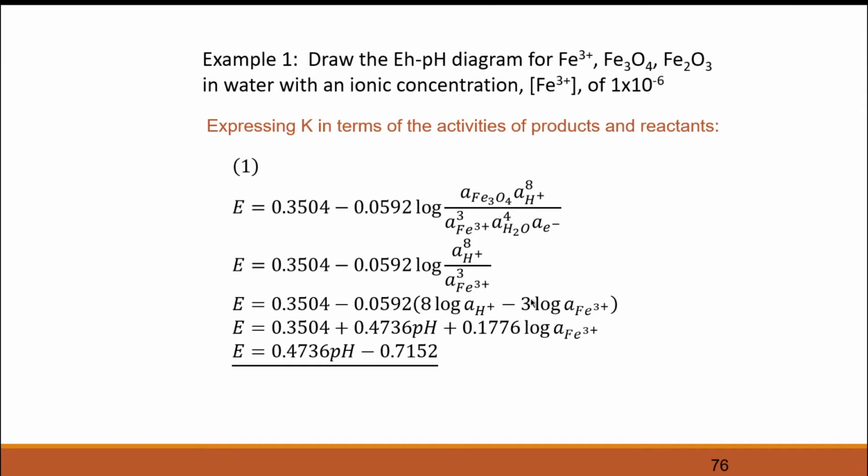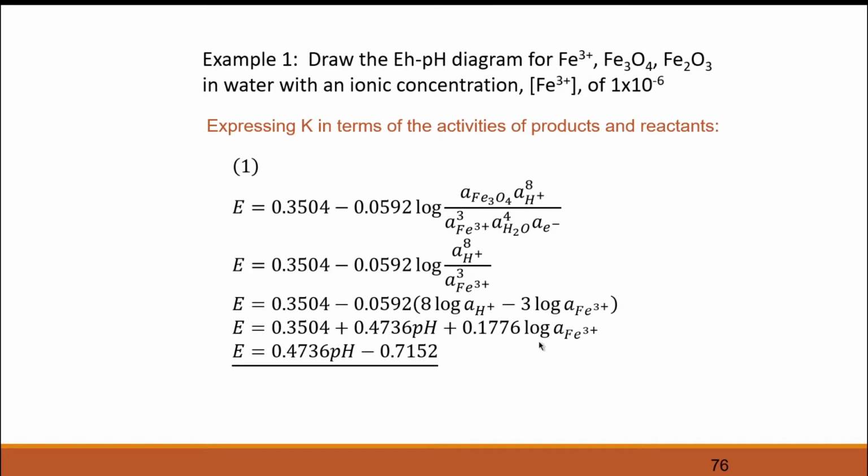So the molarity of Fe3 plus is given, but the molarity of H plus is not given. If we break this logarithm down, this becomes 8 times the log of the molarity of H plus, minus 3 times the logarithm of the molarity of Fe3 plus.